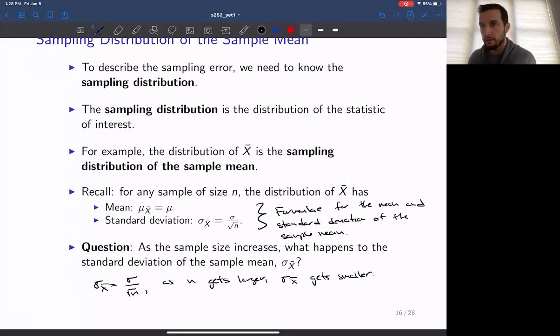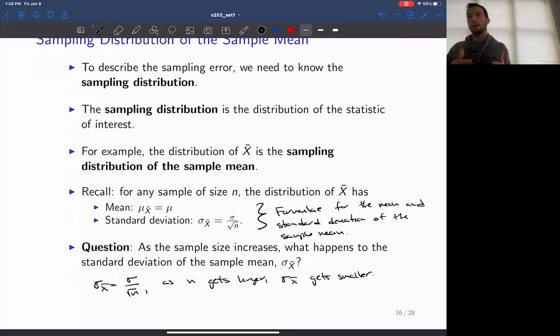Now, what we would also expect is that as we increase sample size, the sampling error is going to get smaller and smaller. So there's a relationship between the standard deviation of the sample mean and the sampling error, in that the standard deviation of the sampling mean in some sense allows us to describe the amount of sampling error. So this is a useful measurement for us. And what we can see is that the relationship between how this standard deviation behaves and how the sampling error behaves is effectively the same.